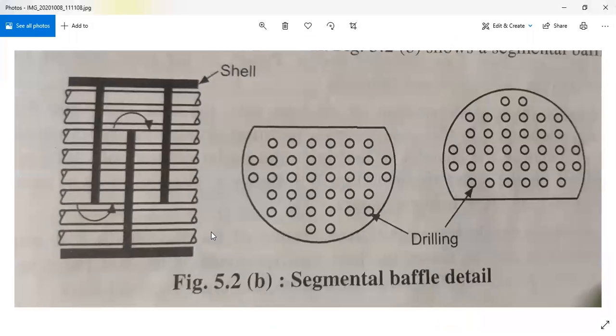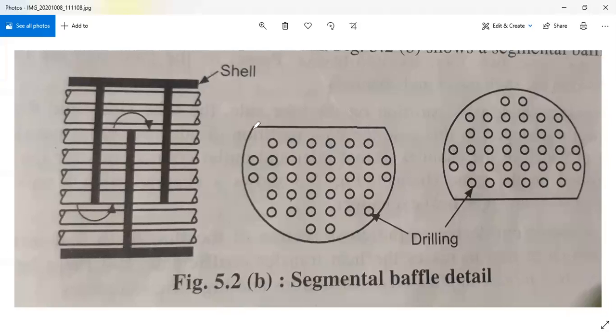Now this is the baffle arrangement. In the previous diagram you could observe the two-dimensional front view only. Now, from this diagram, you can understand how exactly the baffle arrangement is, right?